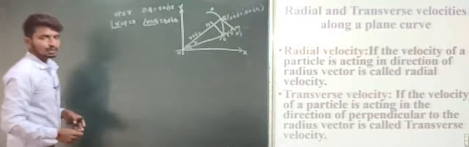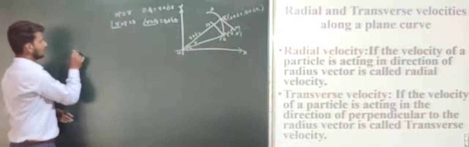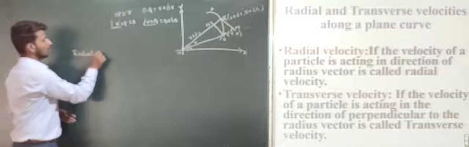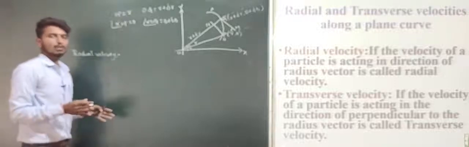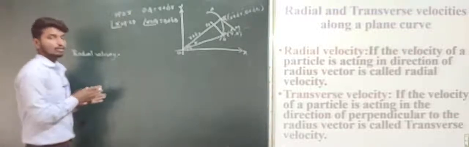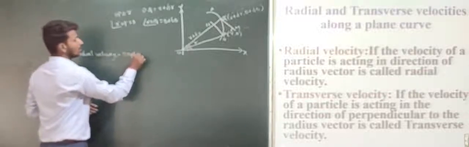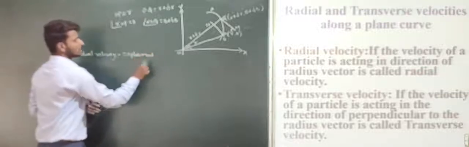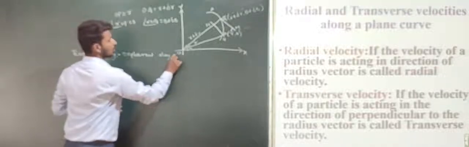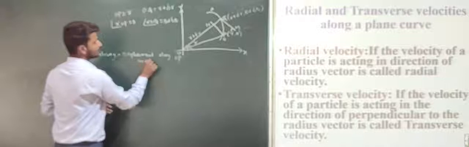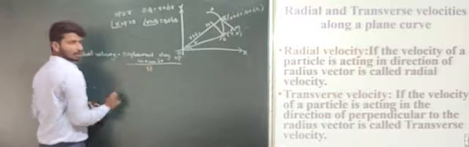Now let us find what we mean by radial velocity. To find the velocity, we have the formula displacement divided by time. Here, to find the radial velocity, it will be the displacement along OP in time delta t, divided by the small change in time delta t.